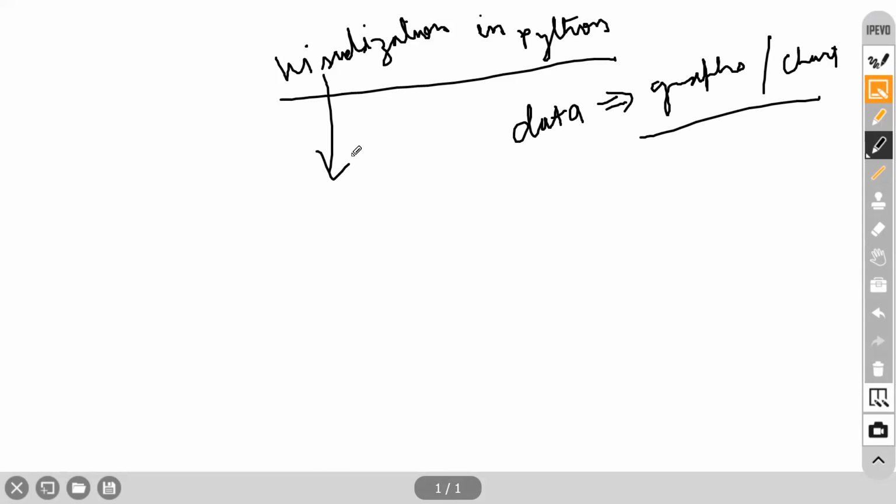The point is that if you have, suppose, 1,000 rows of data, with different columns, say it is about the marks itself. Now, going through the data one by one may not give you any conclusive information. You can see the individual results.